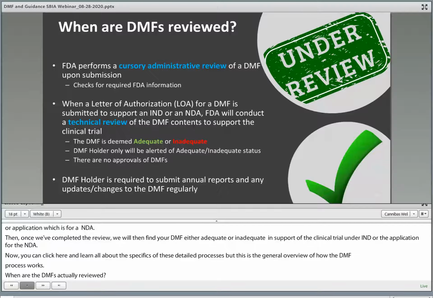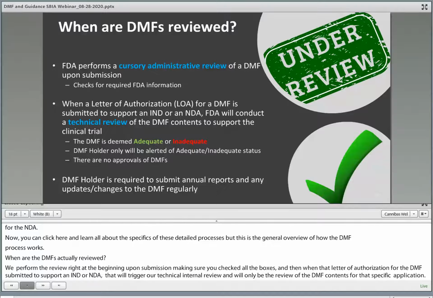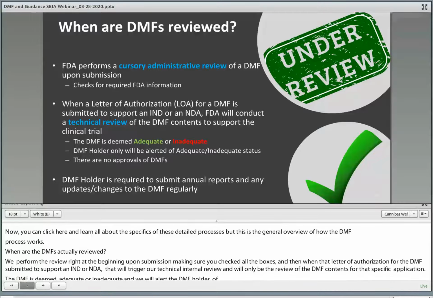And it will only be the review of the DMF contents for that specific application. And the DMF is deemed adequate or inadequate. And we will alert the DMF holder of the adequate or inadequate status. Now, as a reminder, a DMF is never approved or disapproved. It's only adequate or inadequate.